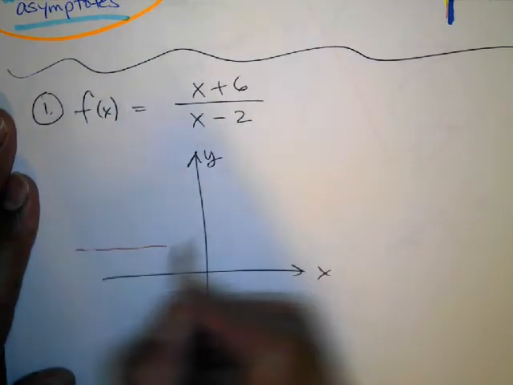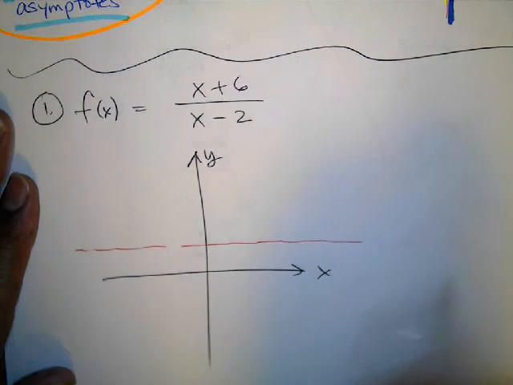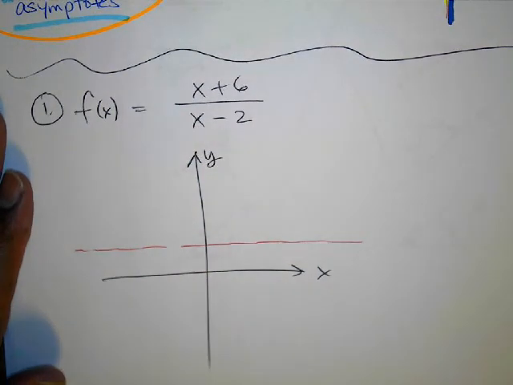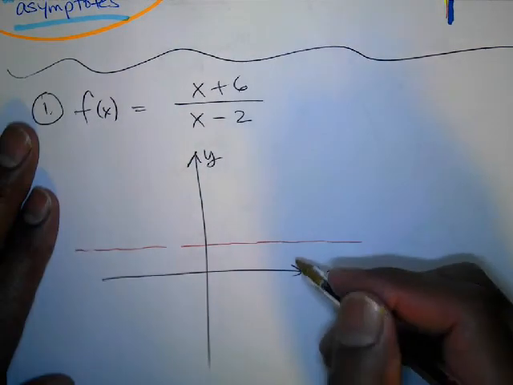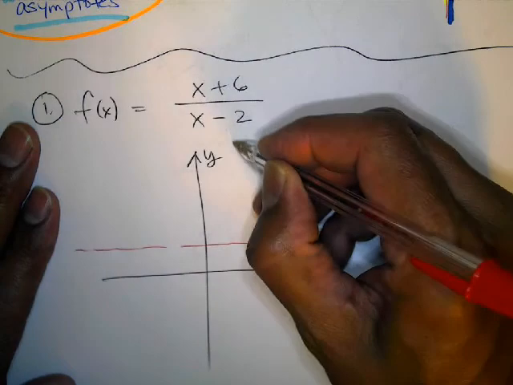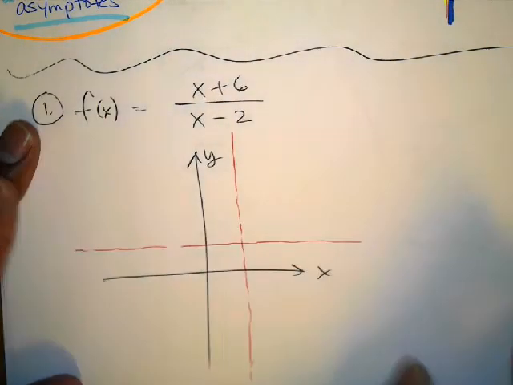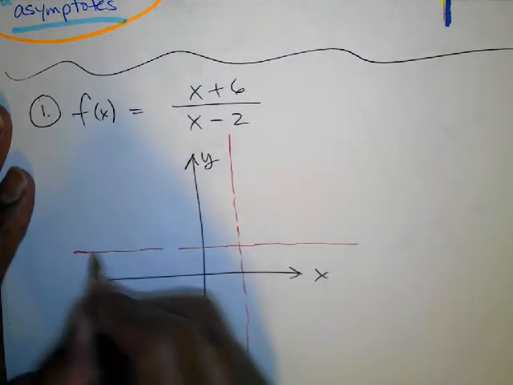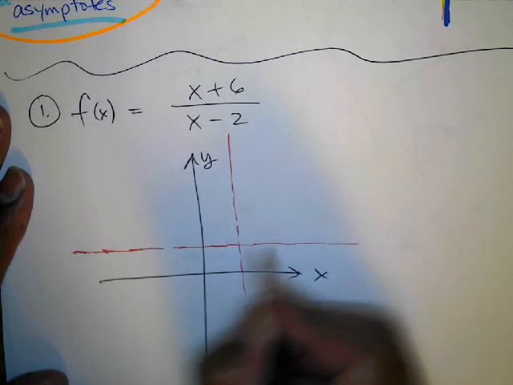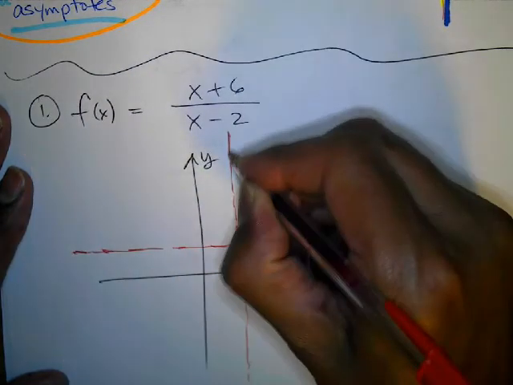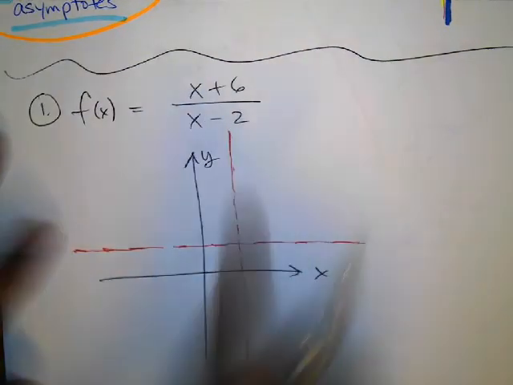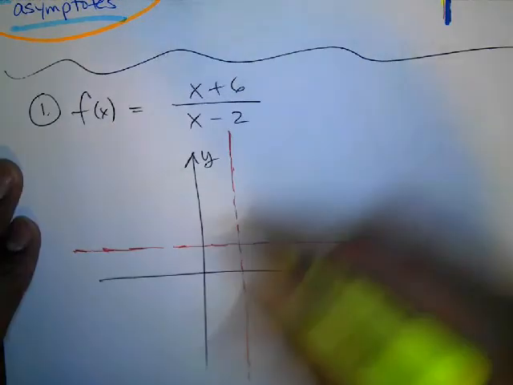Okay, so let's say there's one up here, and then there's one over here. For this graph, let's say you draw the asymptotes as dashed lines. They're supposed to be broken lines, but I'm going quick, just to show you.